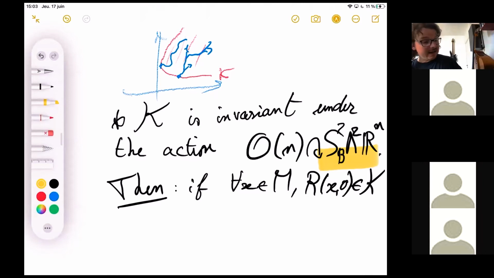And so I can put K inside that. I will get something well defined since I'm O(n) invariant.